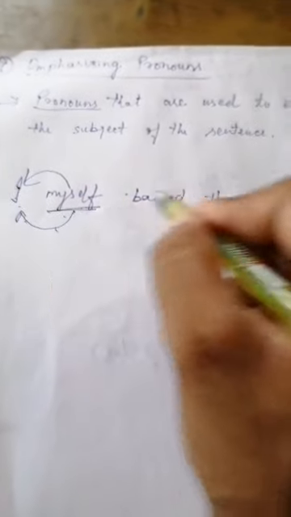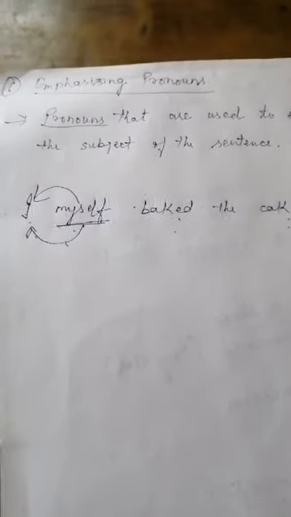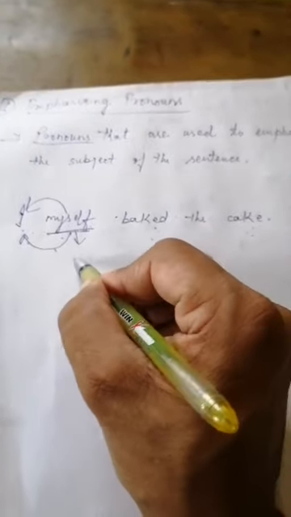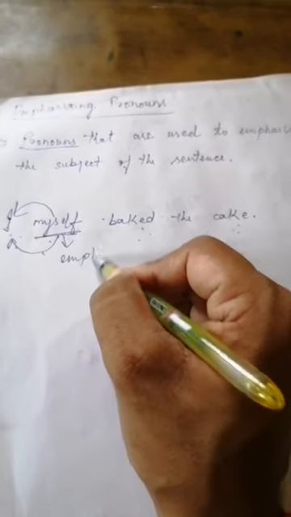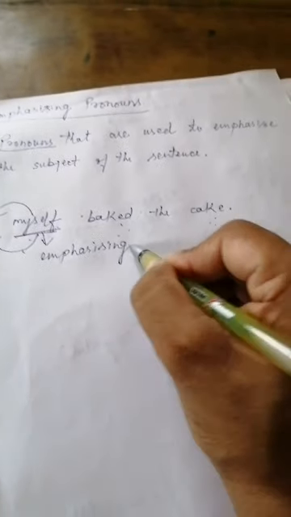I myself baked the cake. मैंने खुद ही इस केक को बेक किया. ठीक है, तो ये एम्फेसाइज किया, जोर दे के उसको एक्सप्रेस किया. So are you getting me? I myself baked the cake. So here myself is your emphasizing pronoun.